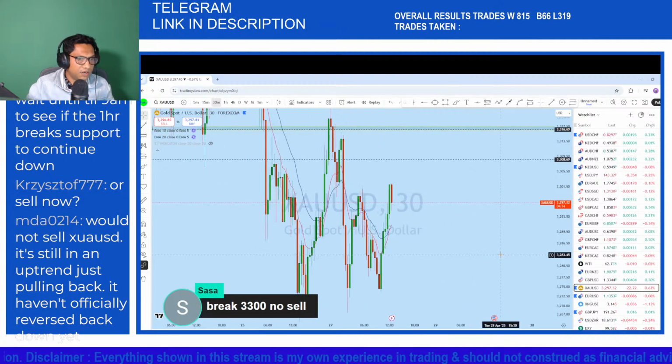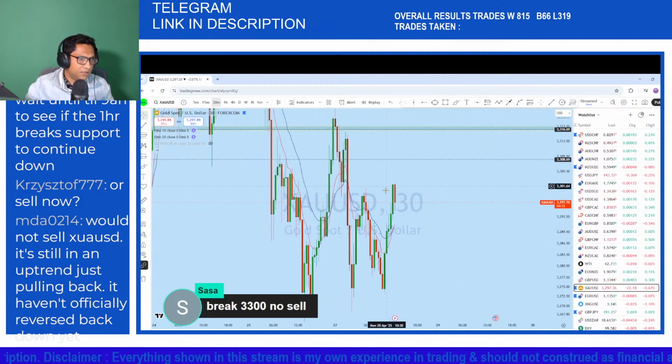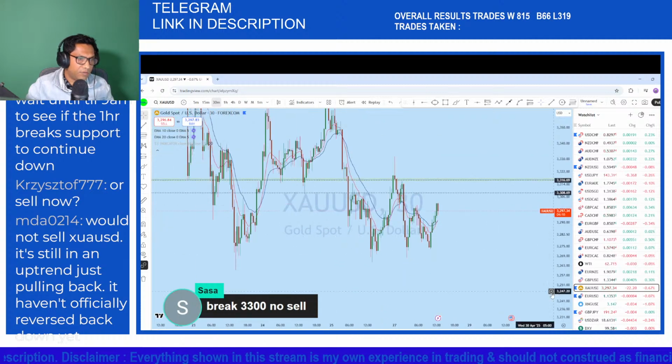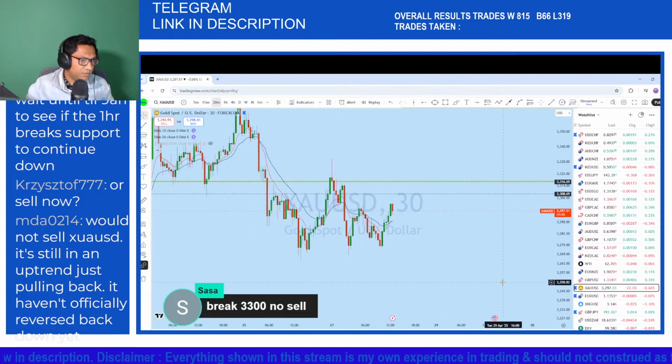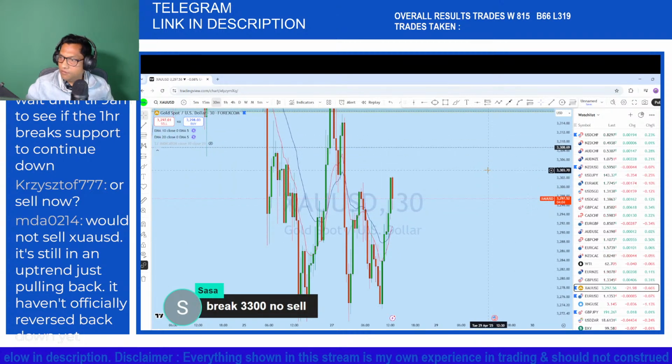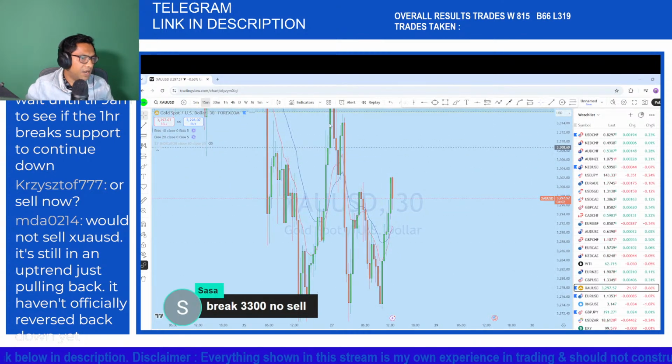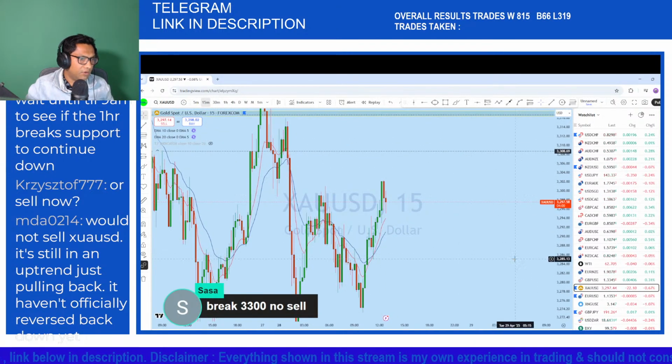Looking at the 30 minutes here, there is a rejection from the top, and that rejection might lead this price back to the support level.